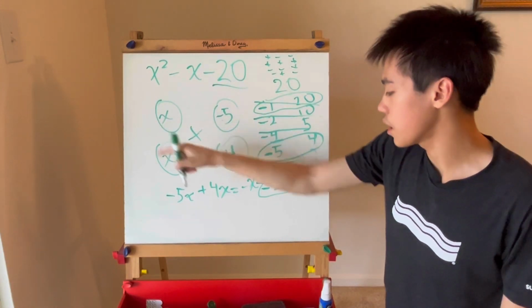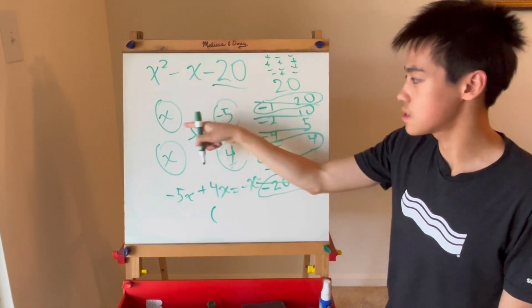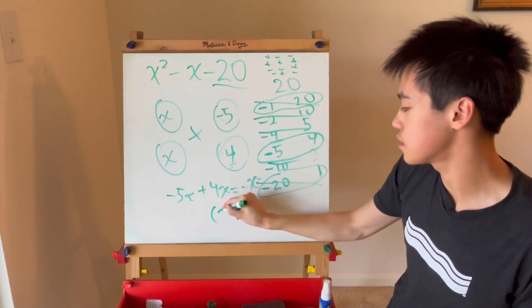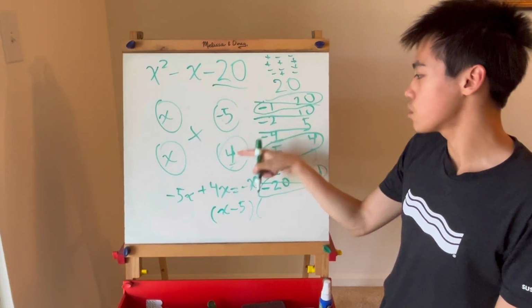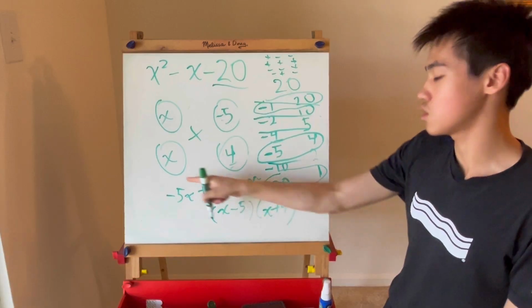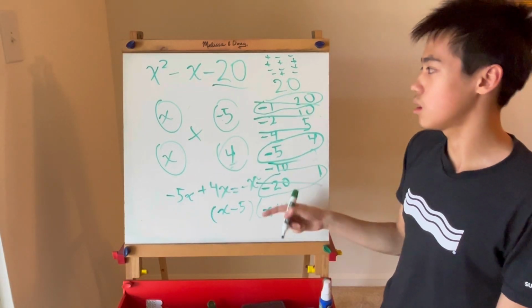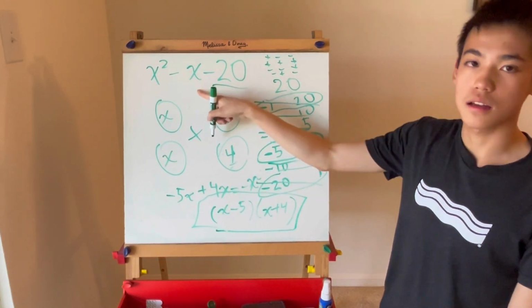So therefore we can conclude that x minus 5, again the sum of the terms in the top row, multiplied by x plus 4, just the sum of the terms in the bottom row, will give our quadratic over here.